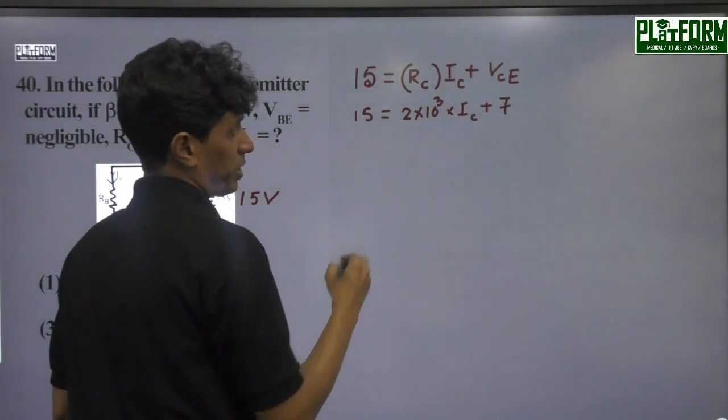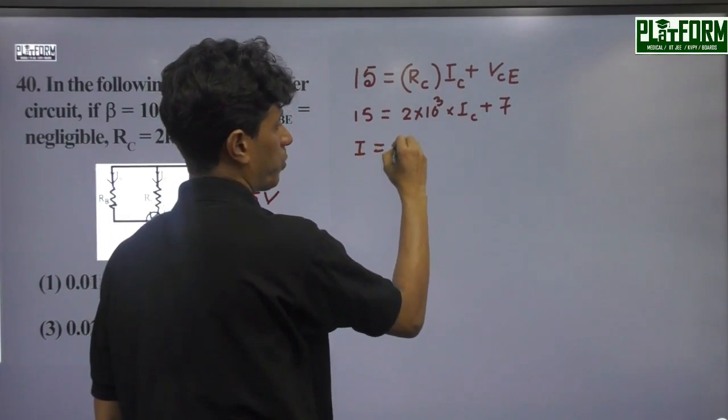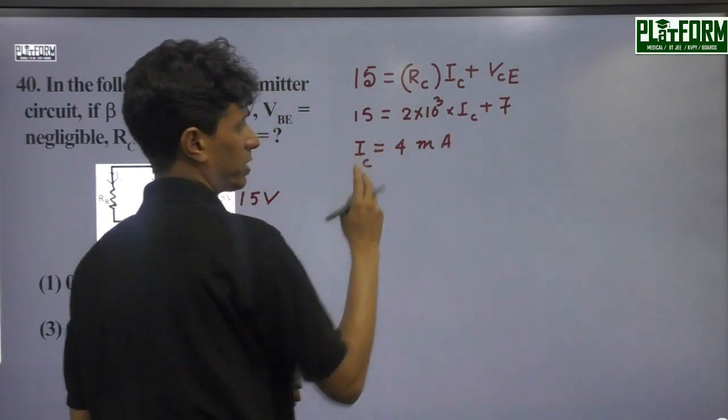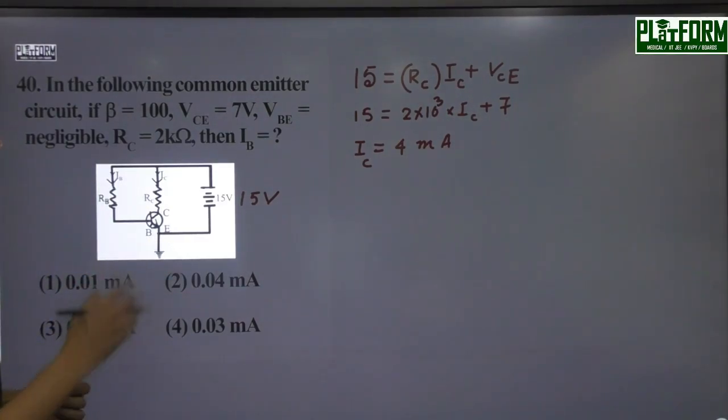From this calculation we can say IC is 4 milliampere. You just pause the video and calculate this simple mathematical equation. IC is equal to 4 milliampere.